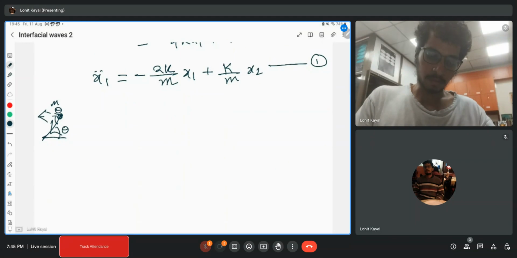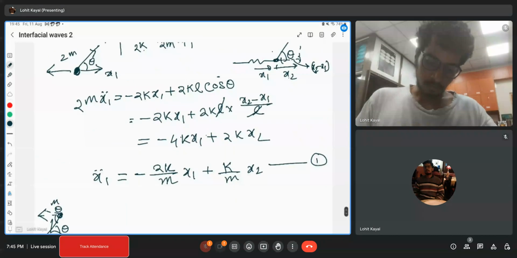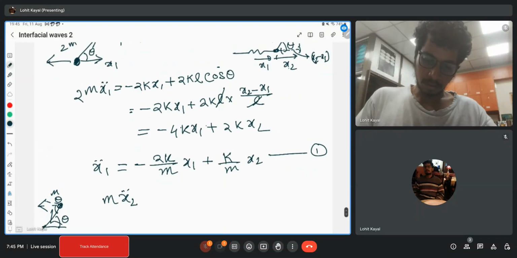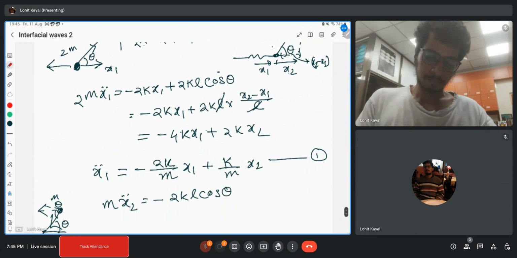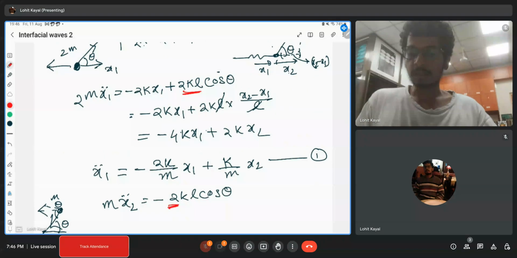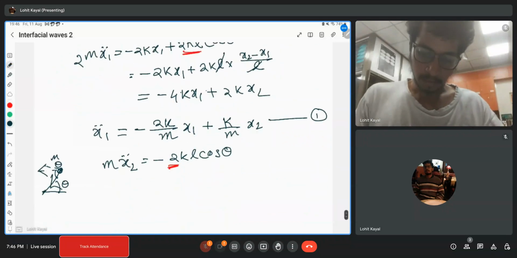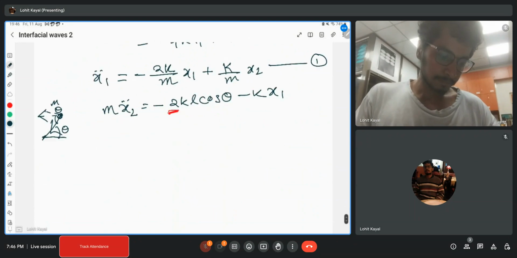So from the tension of the string, the force will act in the negative x direction. Okay, so its governing equation will be m x2 double dot equal to, I can directly write, minus 2k L cos theta. This is just coming from Newton's third law of motion, and minus k x1.